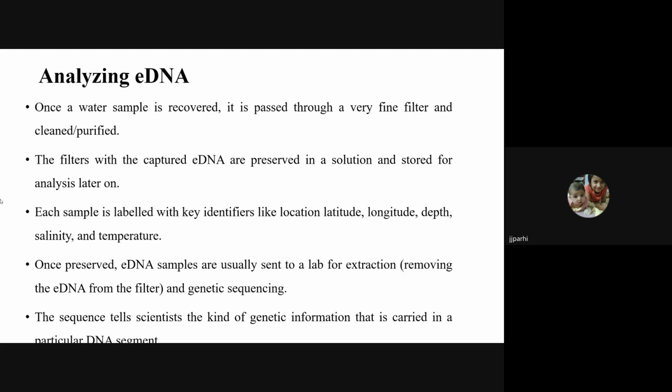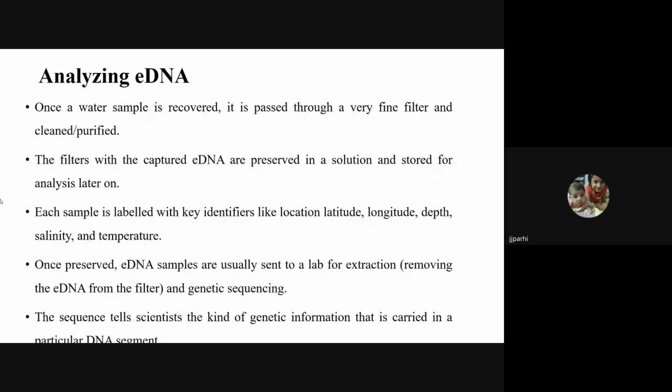Once preserved, the eDNA samples go to the lab, and we go for isolating DNA, removing the DNA from the filter. As water passes through the filter, the DNA gets attached. The eDNA, and other things too, will be attached to the membrane. From that membrane, we have to isolate the DNA.